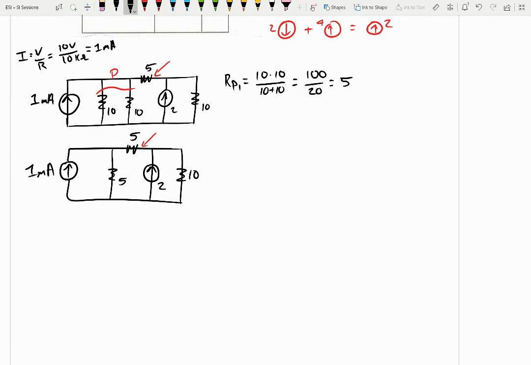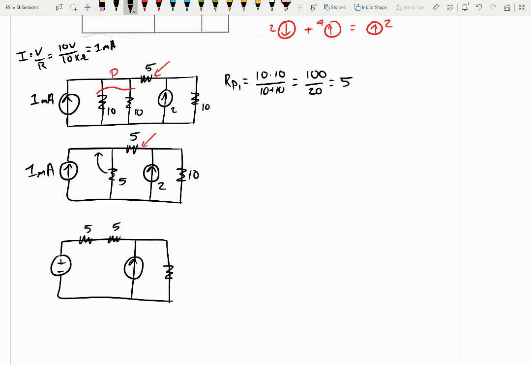So let's turn this into a battery. Because turning it into a battery will pull that 5 to that wire. Okay, that's 10. That's 2 still.